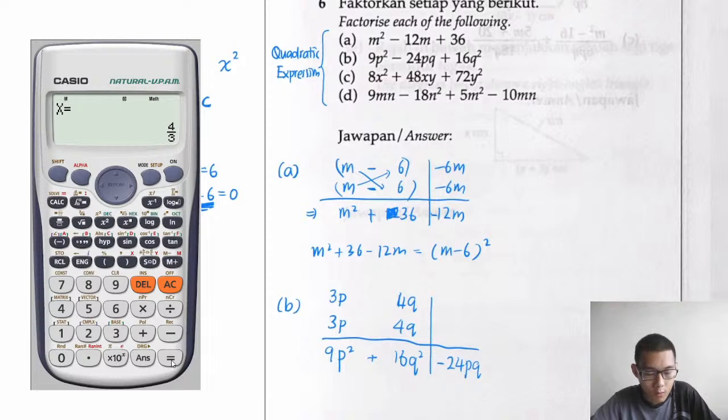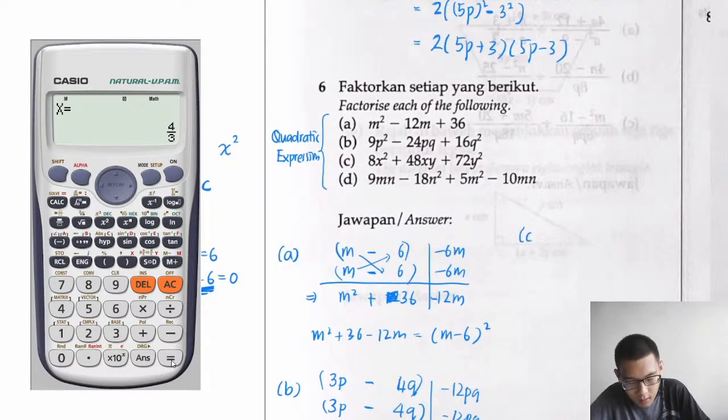Because here we have 4/3, that means the relationship is negative, so the answer should have a negative. We have negative 12pq, negative 12pq, we have negative 24. So you can take this. The answer should be (3p minus 4q) to the power of 2. Okay, done.